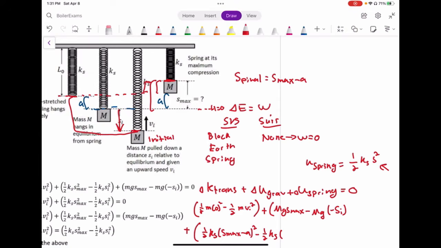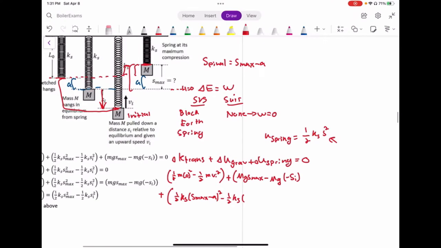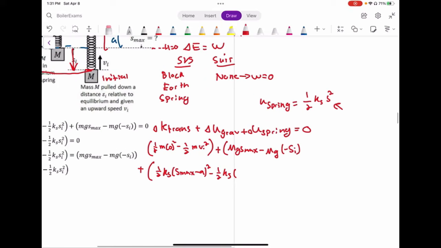So that's how far we are stretched in the initial condition. Let me write that too: S initial equals SI plus A. So there we go, we got SI plus A squared. That all equals 0. Okay, big term here.